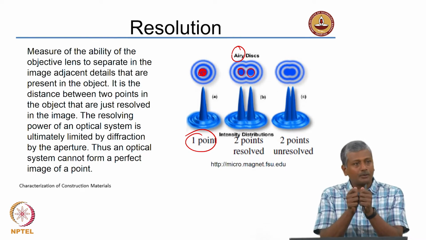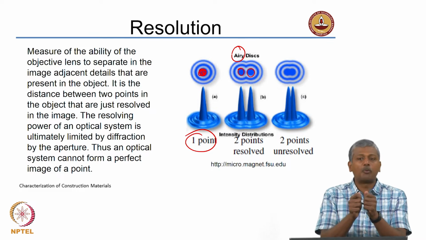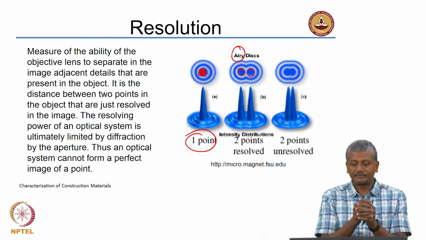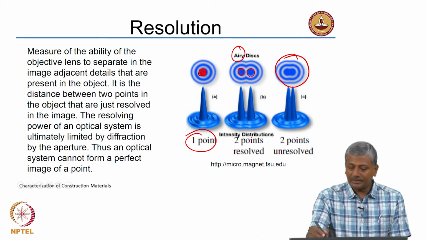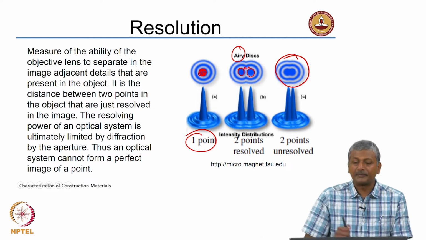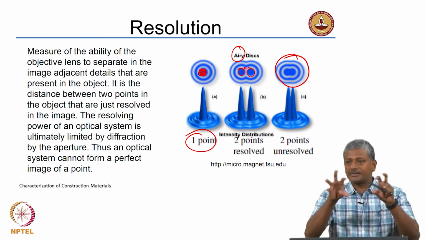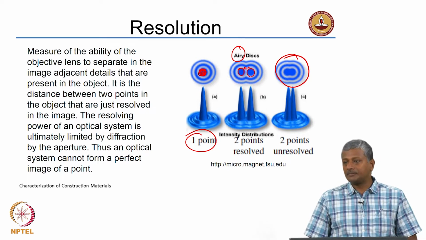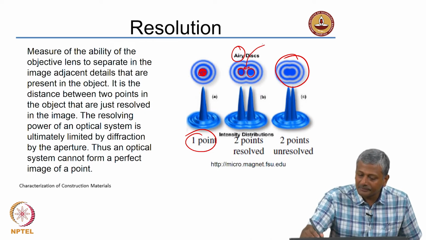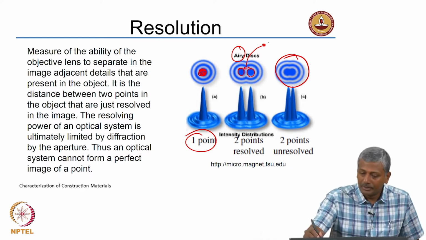If those two points are very close together, the confusion around them will be so large that you will not be able to distinguish them as 2 points, but as one point. That is what is happening in this case. In this case these 2 points are far enough apart that their airy discs, or the discs of confusion around those points, are almost separated. This minimum distance that can be resolved by a microscope is called resolution.